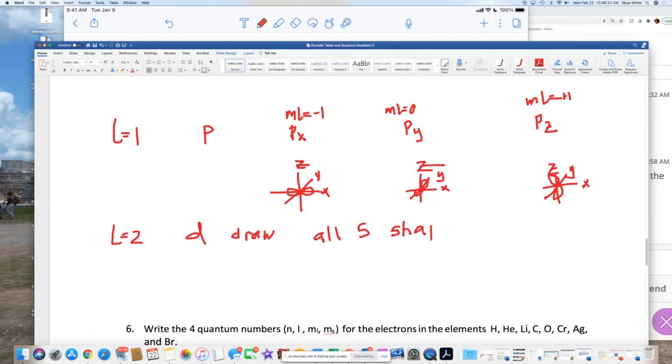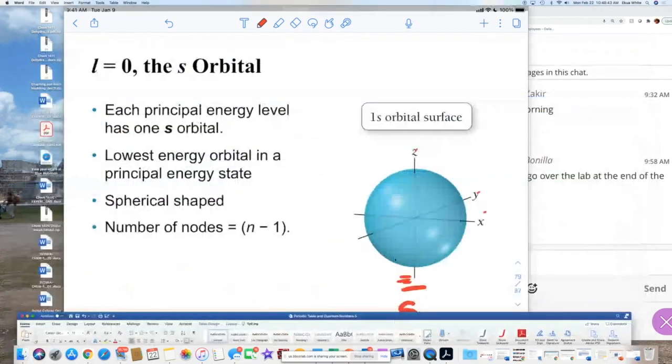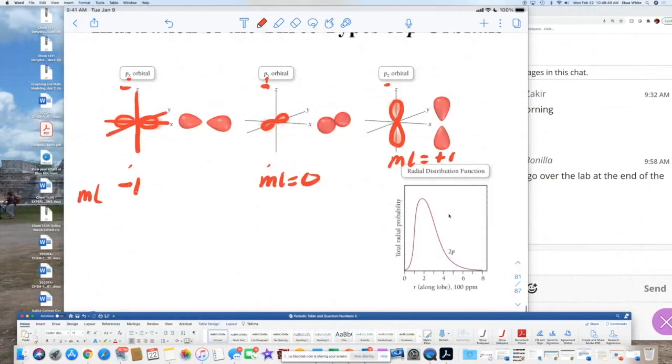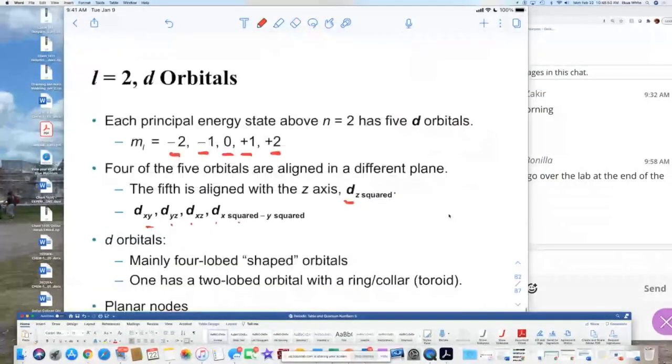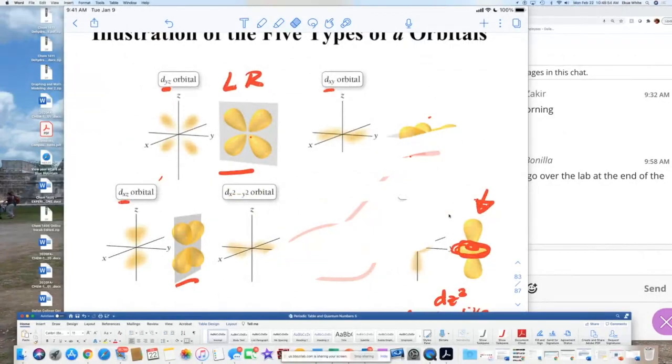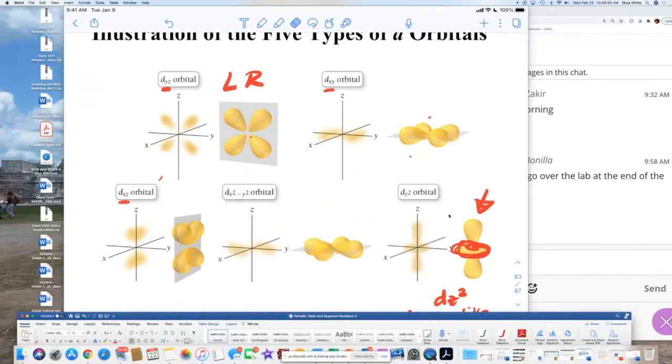Don't worry too much about making sure the shapes lie on the plane. It's hard to draw something that's supposed to be 3D in 2D, right? So when I say draw all 5 shapes, you're going to be drawing these 5 shapes. Do your best, okay?